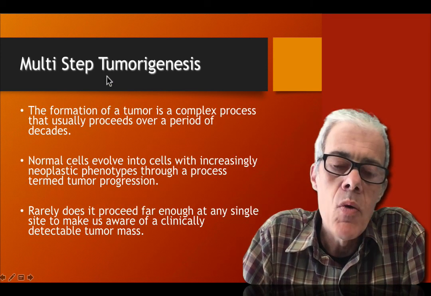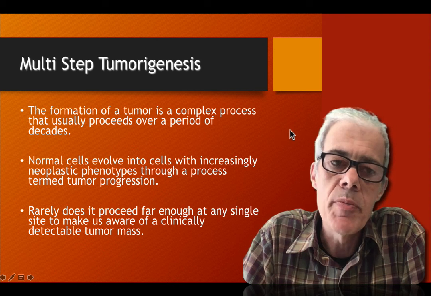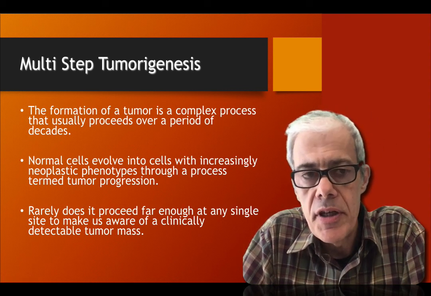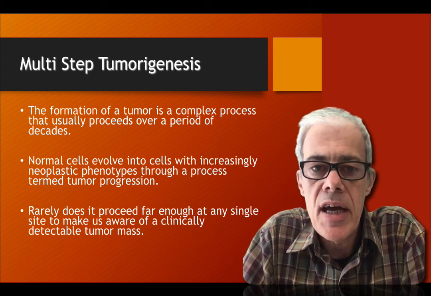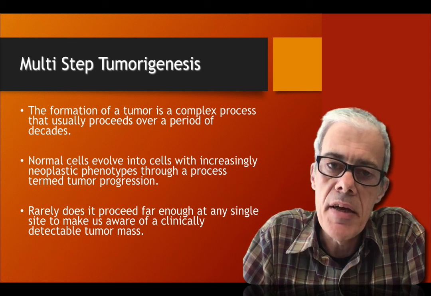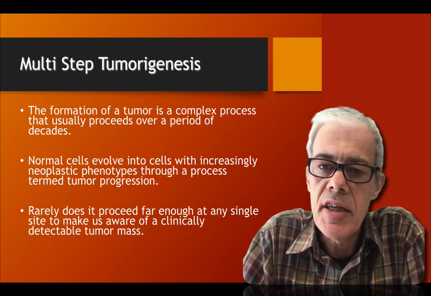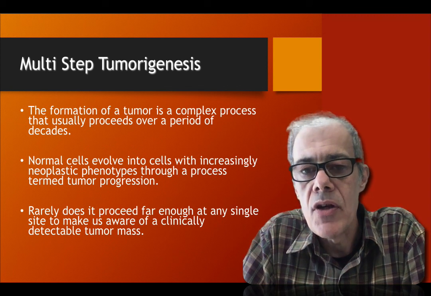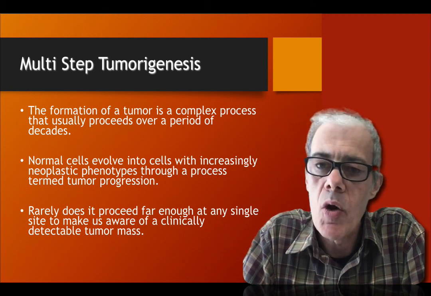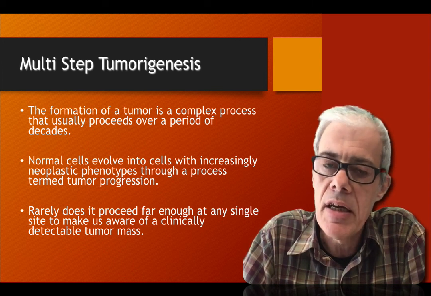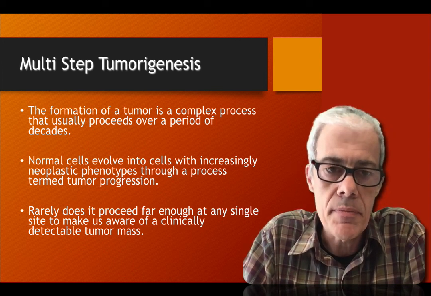When we look at the progression of tumors, there's a simple concept which we consider, which is multi-step tumorigenesis. That is to say, tumors don't spontaneously occur overnight. There's a long lead-up time and a long progression of changes accumulating in a population of cells.